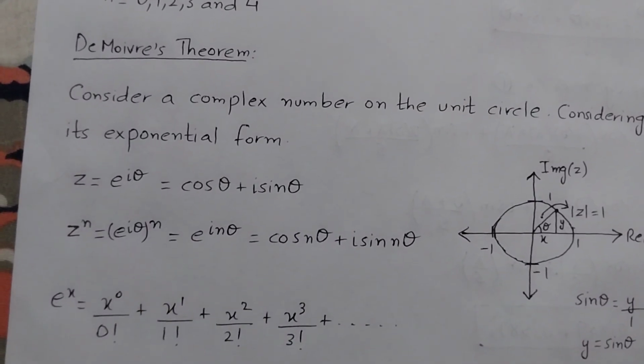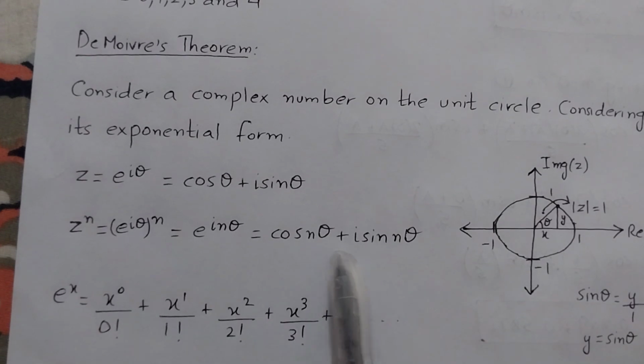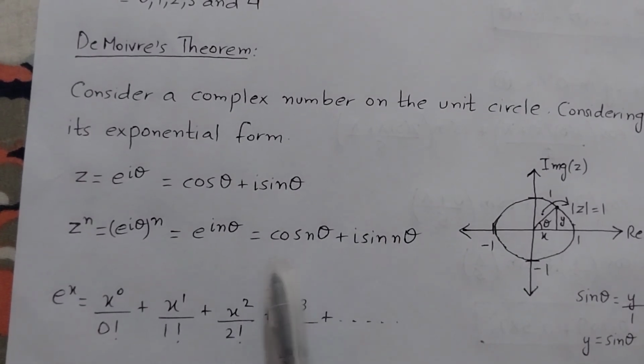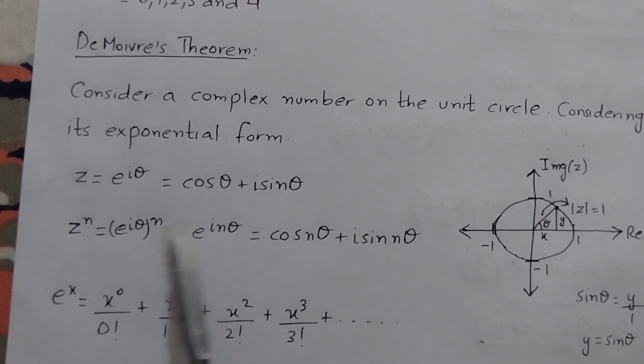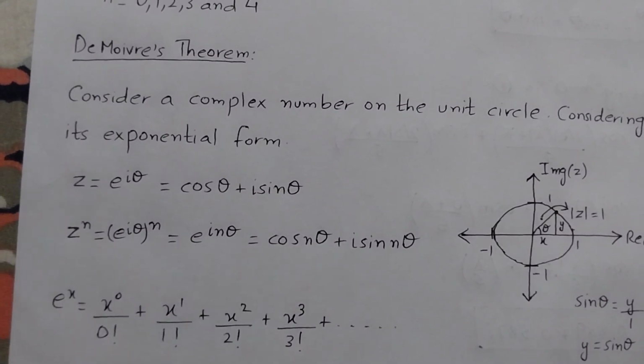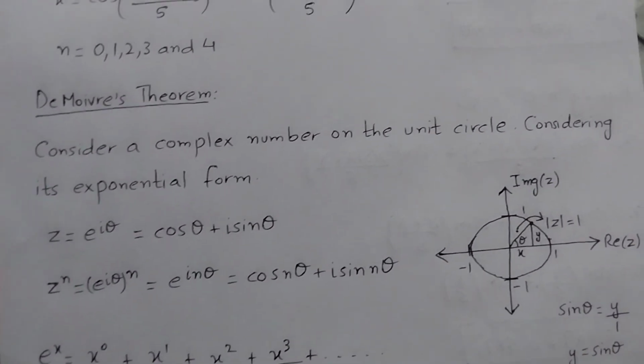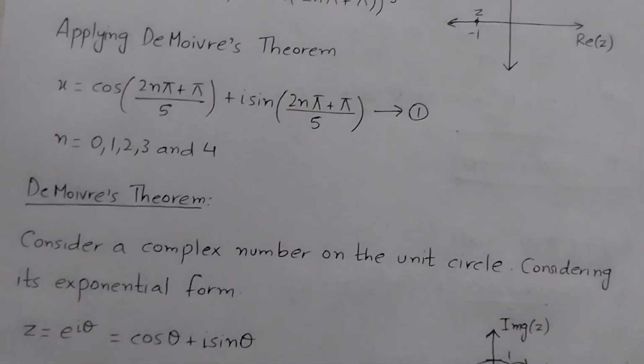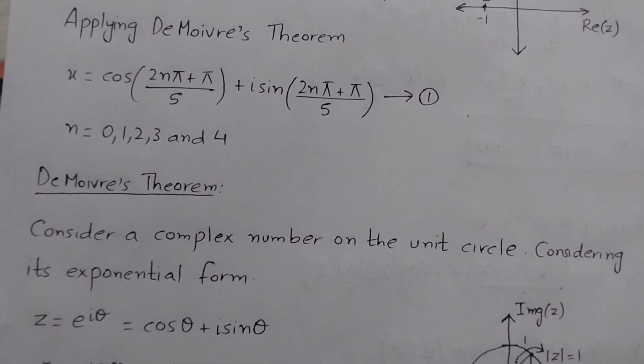So we have established that de Moivre's theorem is indeed correct and true. And now we need to put those values of n in our final solution to find our roots.